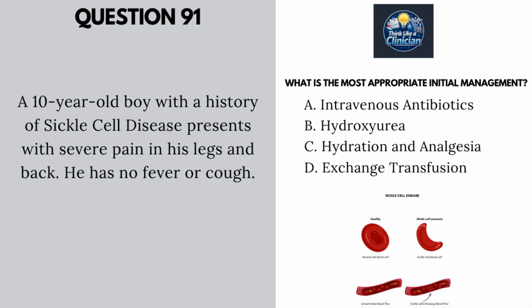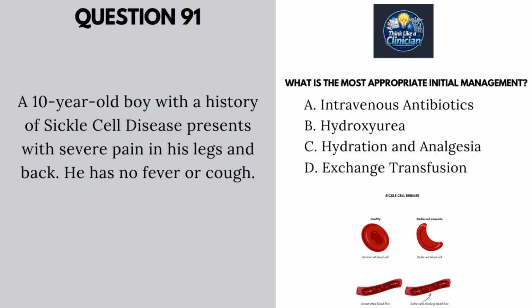And again, you ask yourself, why not oxygen therapy? Administering oxygen therapy to a patient with a saturation of 98% is not indicated. Now, in this particular case, we were never told about the saturation, but we made the assumption that this patient is breathing well, with a saturation of 98%.